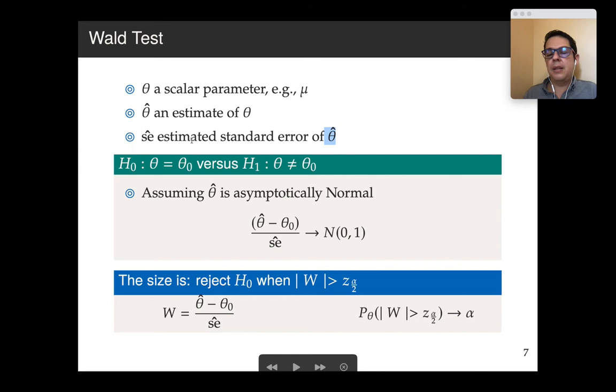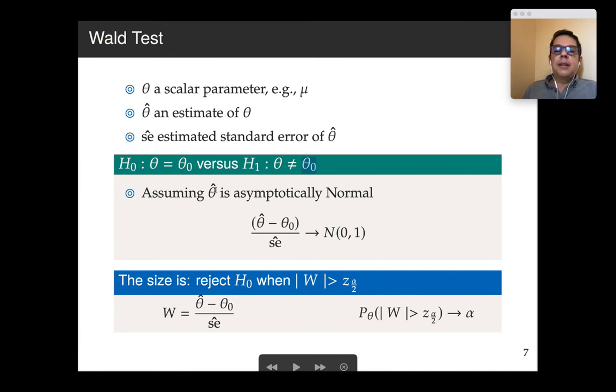Assuming that hat theta is asymptotically normal, I haven't yet discussed what the null and alternative hypotheses are. The null hypothesis is that the scalar parameter theta is equal to a value theta 0. And the alternative hypothesis is that the scalar parameter is different from the theta 0 value.